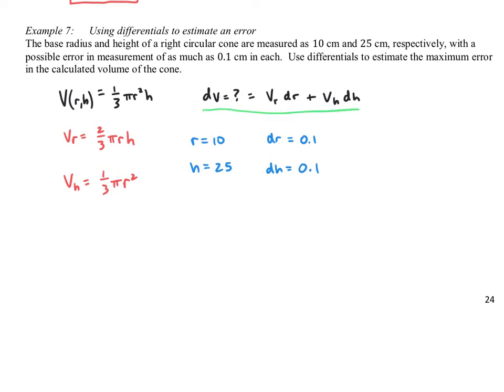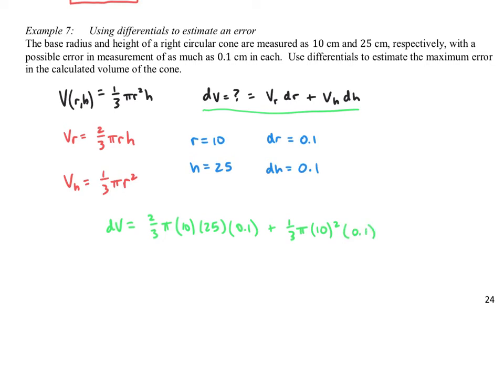So I'm going to take this formula. I have dV, and it gives me 2/3 pi times r, which is 10, times h, which is 25, times dr, which is 0.1, plus V_h, okay, that's going to be 1/3 times pi times r, which is 10, squared, multiplied by dh, which is 0.1.